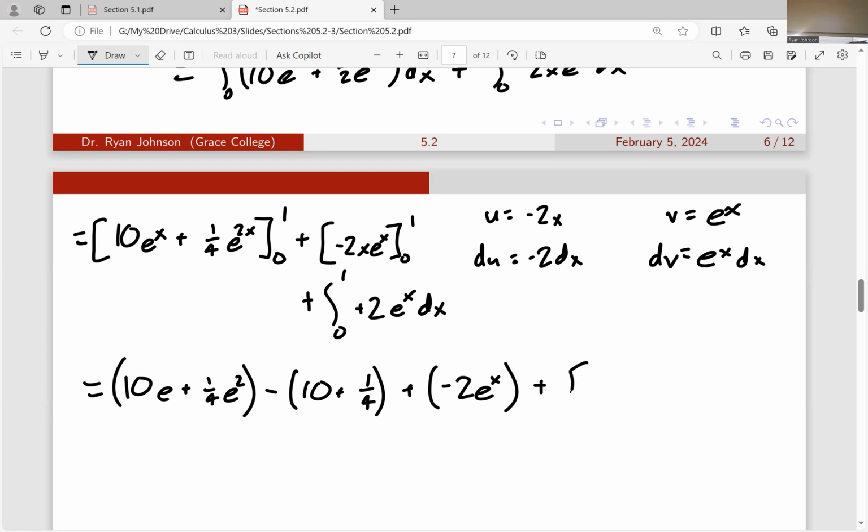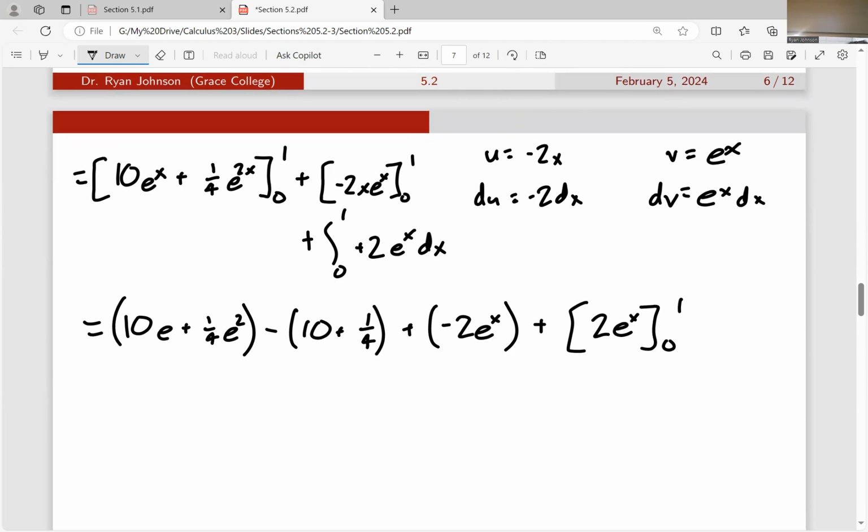And then plus, taking that integral, I get 2 e to the x from 0 to 1, which is just going to be 2e minus 2.